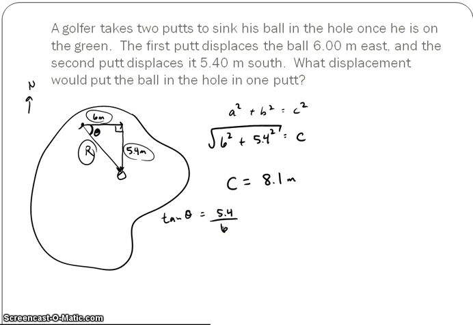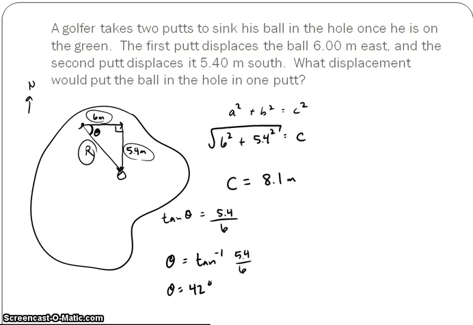To find theta, I do the tan inverse of 5.4 over 6. On my calculator, 5.4 divided by 6 gives 0.9. Then I take the inverse tan of that answer, and that gives me my angle in degrees, as long as I'm in degrees mode, of 42.